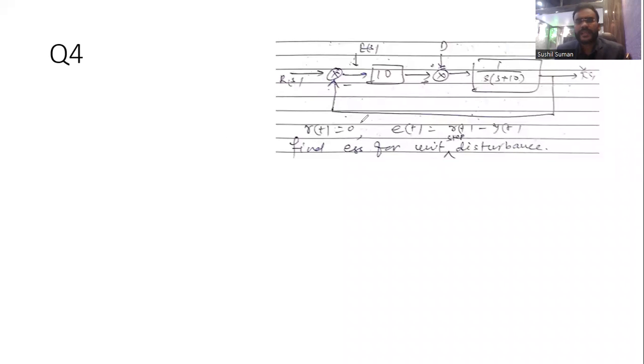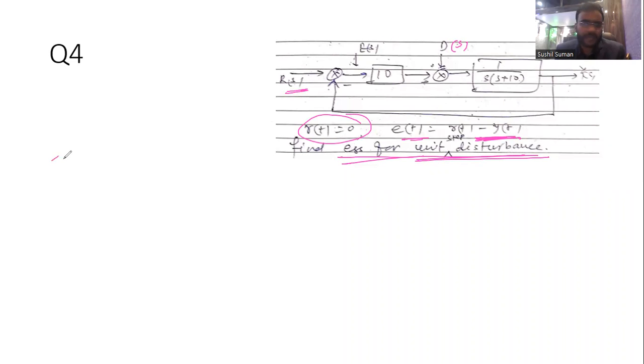The question is, if R(t) equal to 0, E(t) equal to R(t) minus Y(t), then find the steady state error for a unit step disturbance. My dear students, if this is a unit step disturbance and R(t) equal to 0, then this is 0.